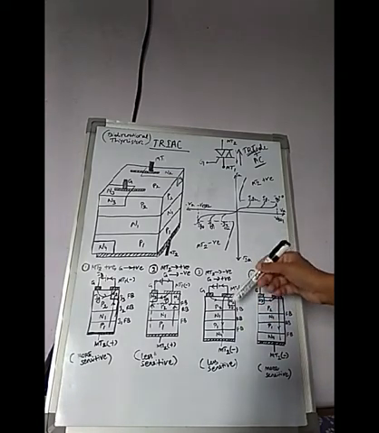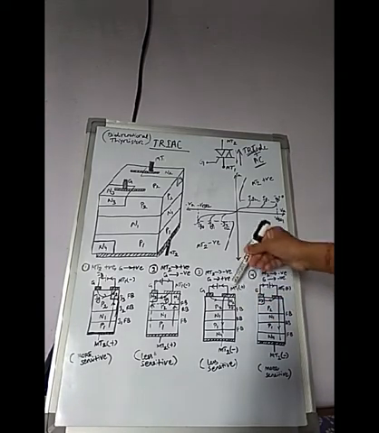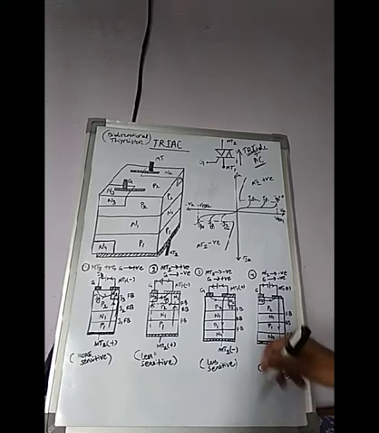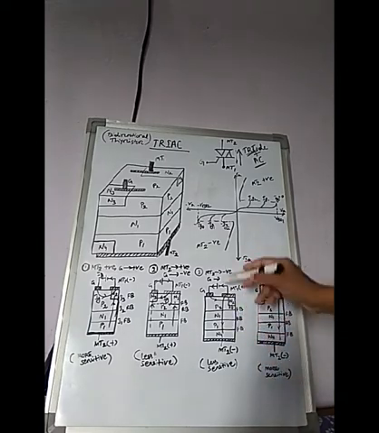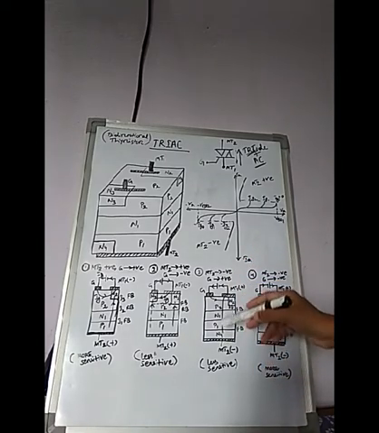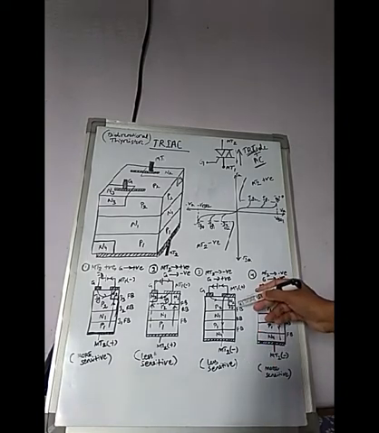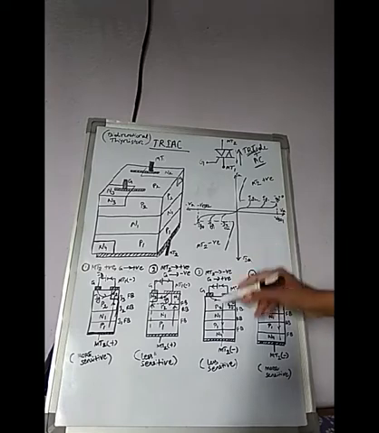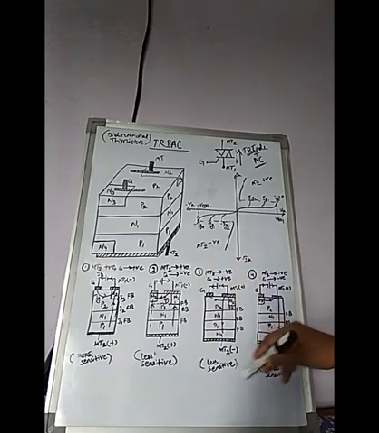This injection of electrons from N2 acts as a remote gate. So the device can turn on with the help of this remote gate signal. That's why in this mode of operation, this device is less sensitive.